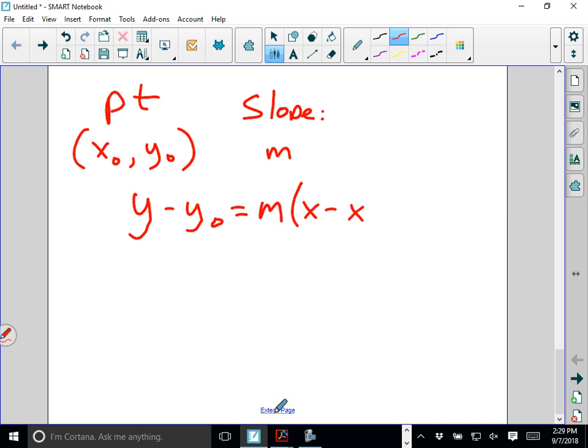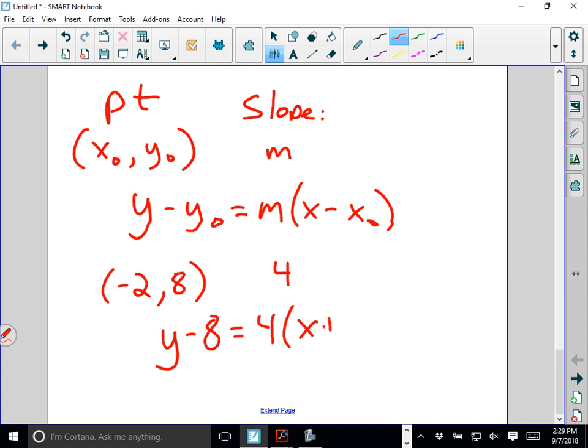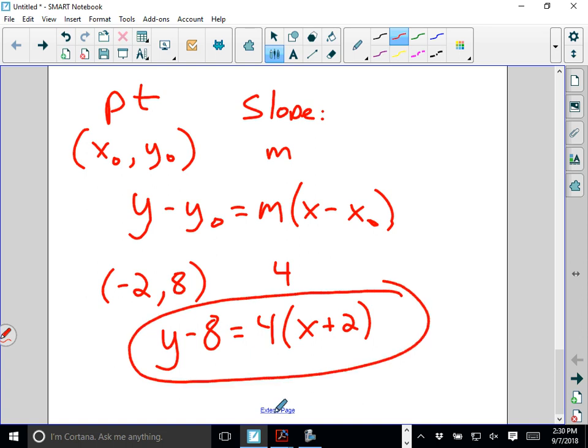And we can very quickly go to an equation of a line given a point and a slope. One quick example, let's say our point is -2, 8, and our slope is 4. Our equation of our line would be y minus 8 equals 4 times x plus 2. So again, this is our formula for writing an equation of a line in point-slope form.